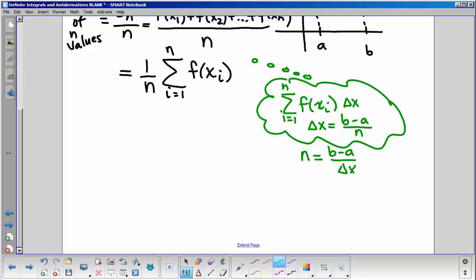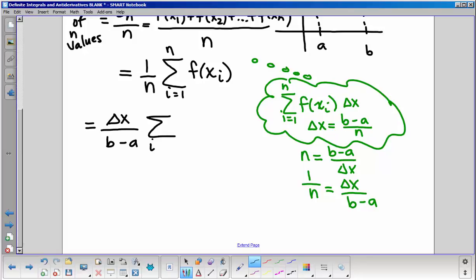And so what does 1 over n then equal? Delta x over b minus a. So could I substitute for 1 over n and say delta x over b minus a times the sum from i equals 1 to n of f of x sub i? Did I do that?